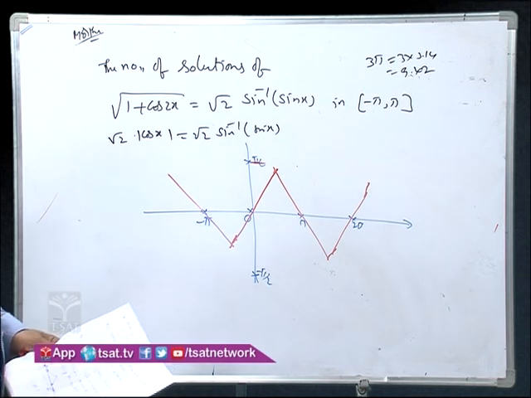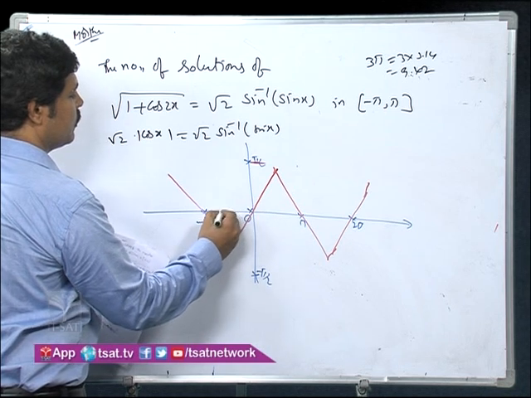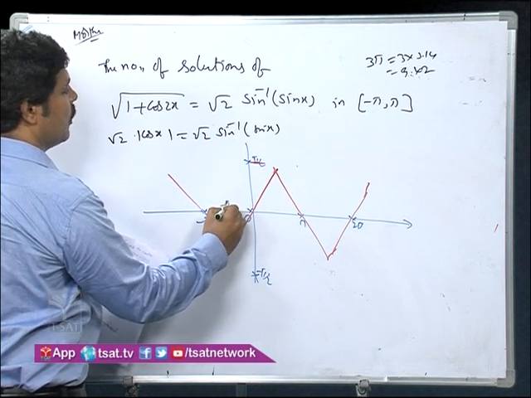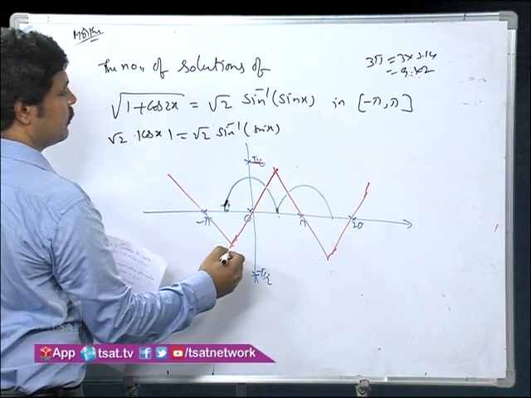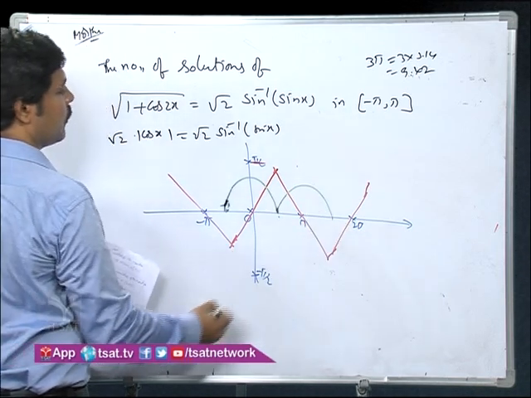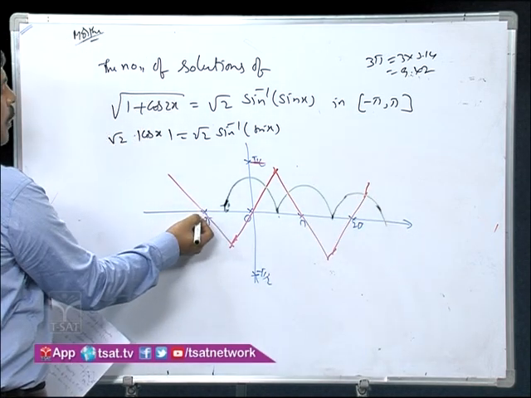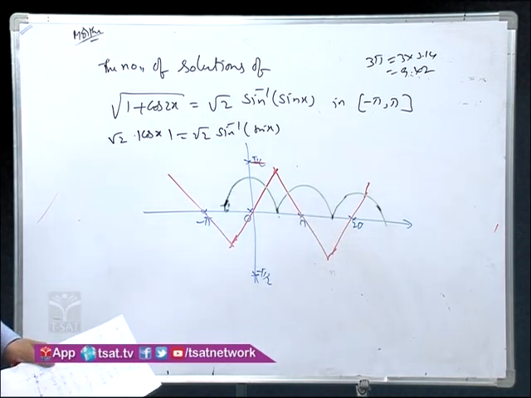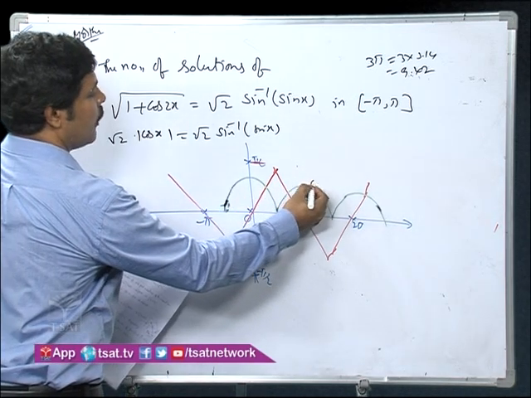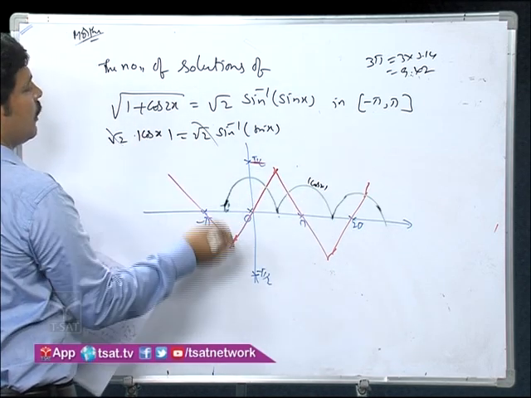Now the graph of mod cos x. Between minus pi to pi, the number of solutions: here the points of intersection are, this is the mod cos x graph, this is the sin inverse of sin x graph, root 2 cancels.